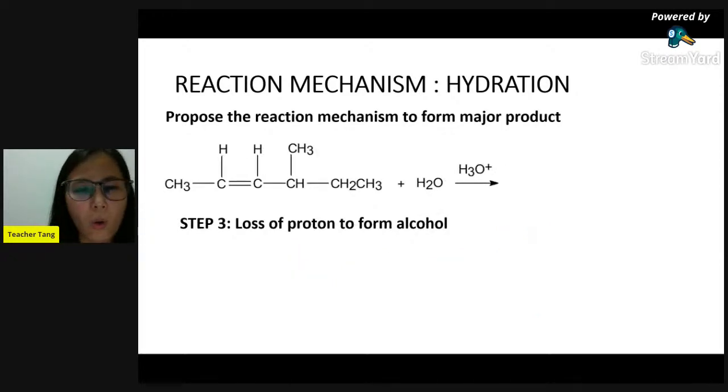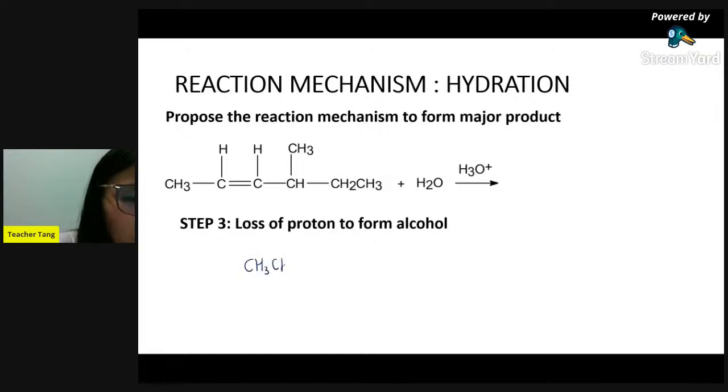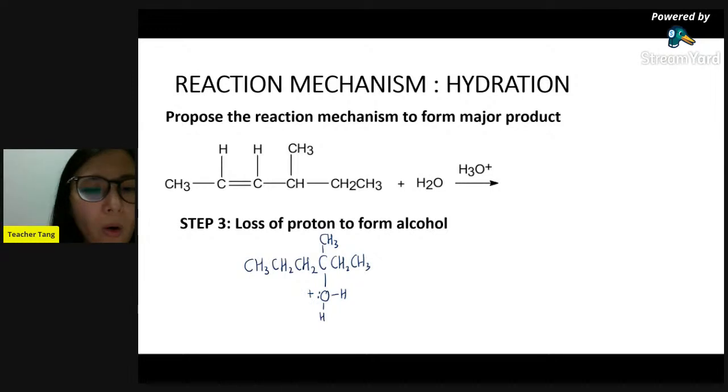So, and then in the last step, the protonated alcohol, okay, mau membentuk alcohol, so it means that the bond needs to break.